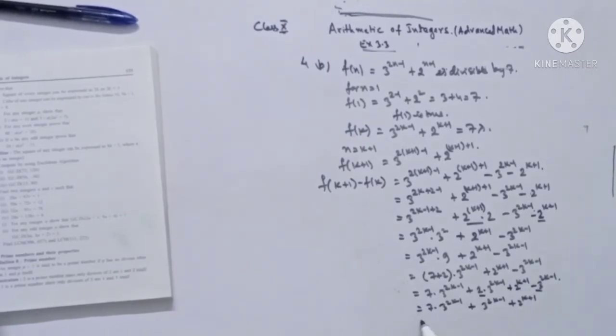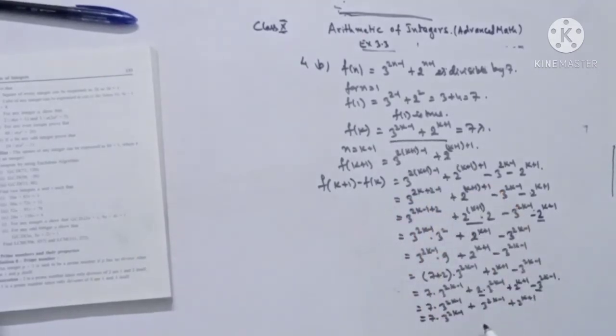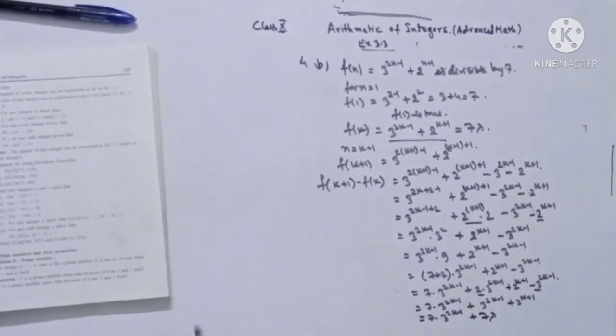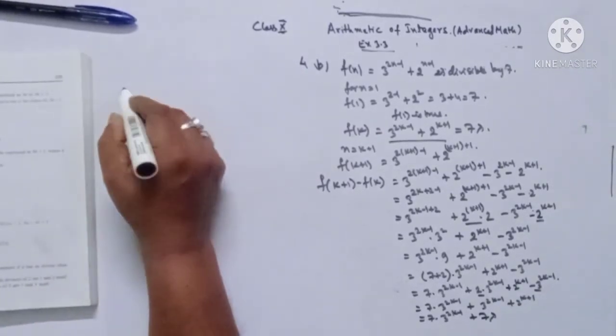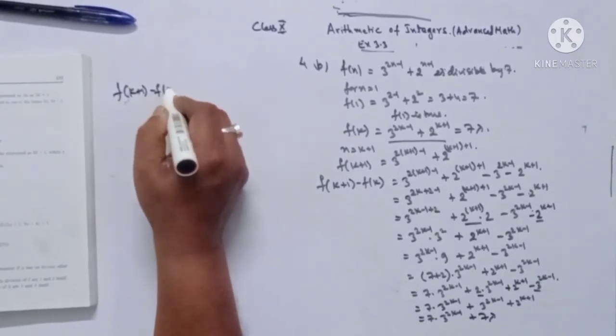So this will be 7 to the power of 3 2k minus 1, and this part will be plus 7 lambda. Now I am going to f k plus 1 minus f k.